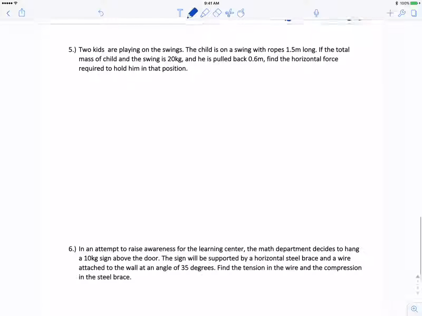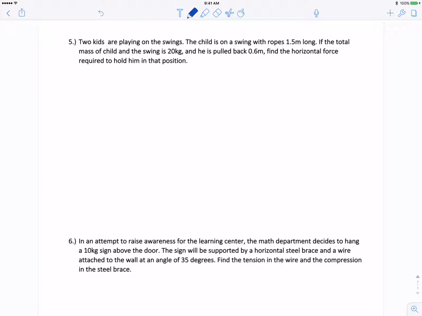You're envisioning that here is my kid, right? He's on a swing. This would be the length of the rope, right? He's attached. So the bottom dot is the person. The top dot is the whatever. If I take this and I pull him back, so that same string length comes back, and it says the total mass of the child is 20 kilograms.